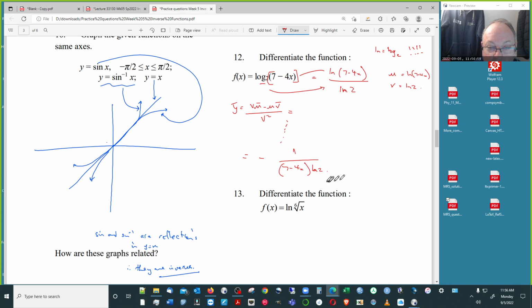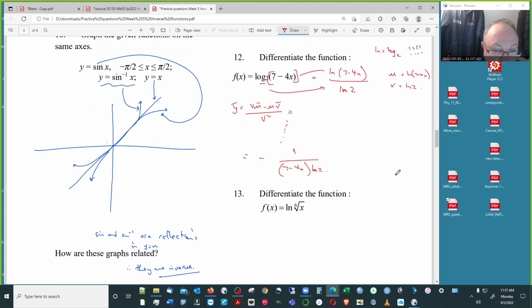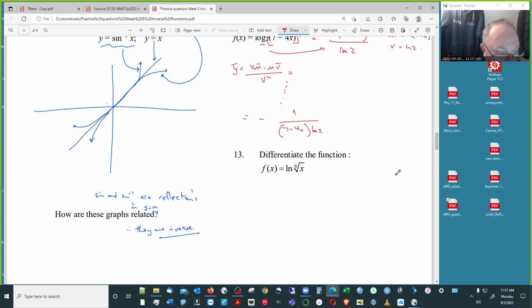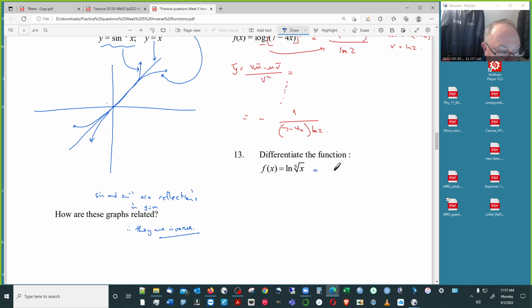Alright, so any questions? Can I keep going? Now with this one here, the log laws are going to play a part. So as a bit of pre-work, you might want to consider changing forms. Okay, so this is saying the 6th root of something.